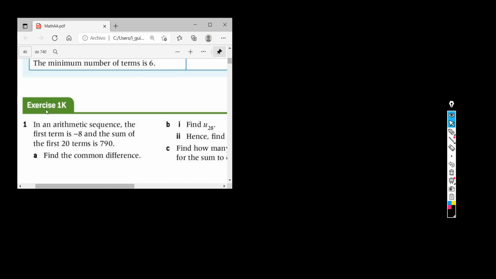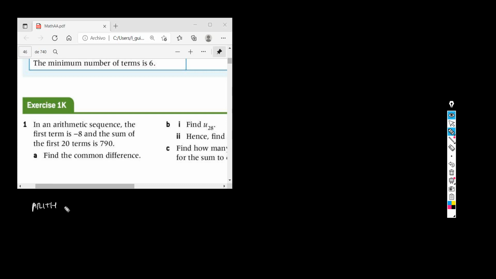So problem one, exercise 1K, problem number one, we have the following. Let's read. In an arithmetic sequence, the first term is -8, and the sum of the first 20 terms is 790. So let's see, guys.